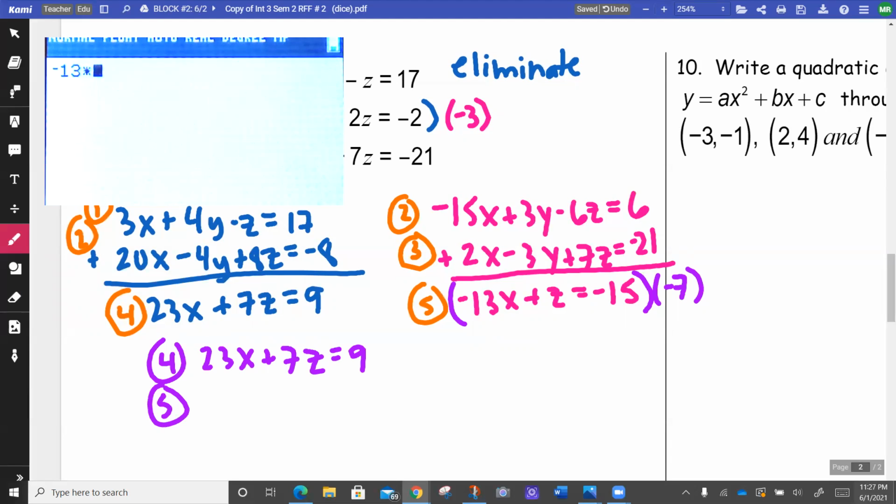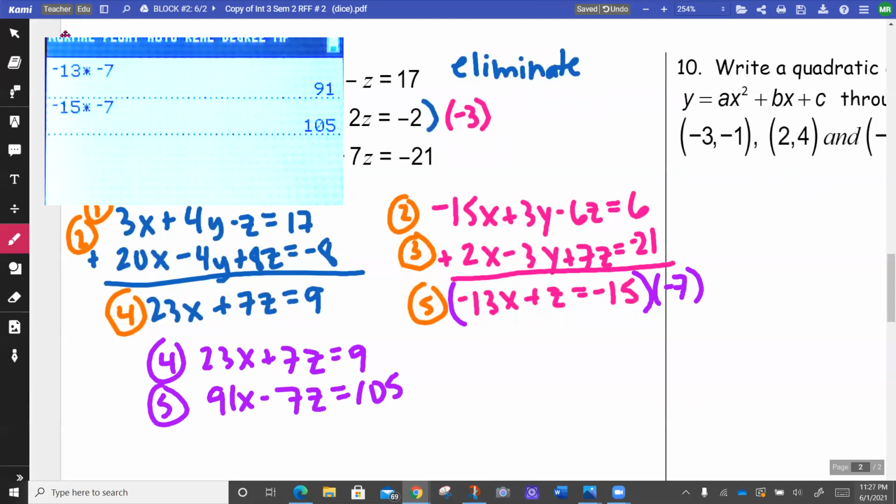Negative 13 times 7, I end up with a 91. So I'm going to get a 91x minus 7z is equal to negative 7 is a 105. I can add these together, and I end up getting a 114x. My z's cancel out, is equal to 114. So that means x is going to be 1.